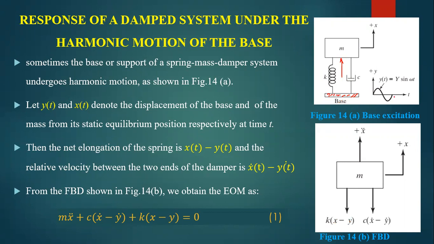Y is the motion, the profile of the base excitation, how the base excites. And x is the motion of the whole structure, or the car suspension system with the passenger.